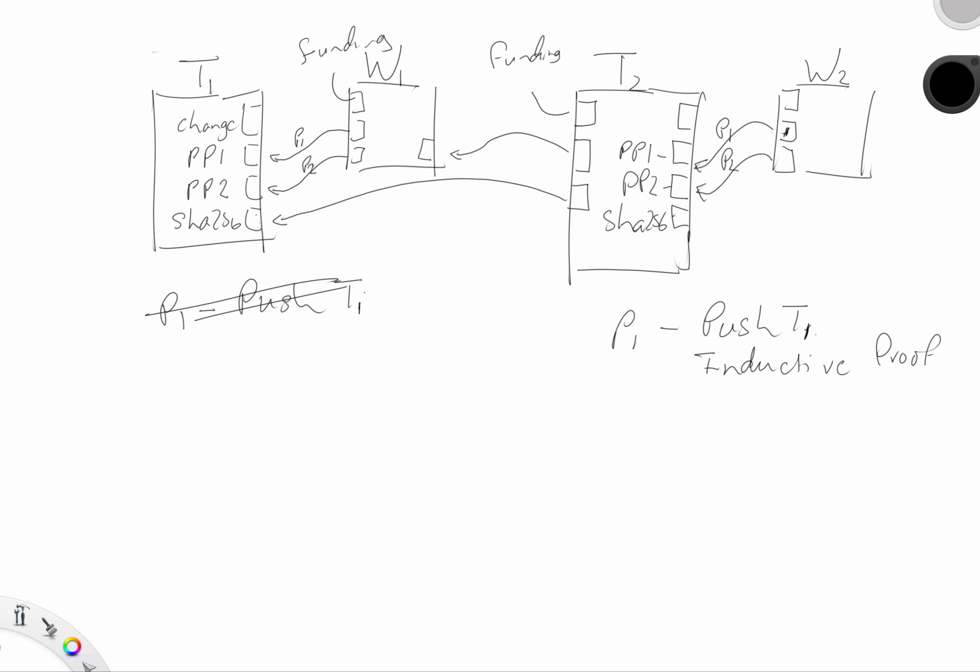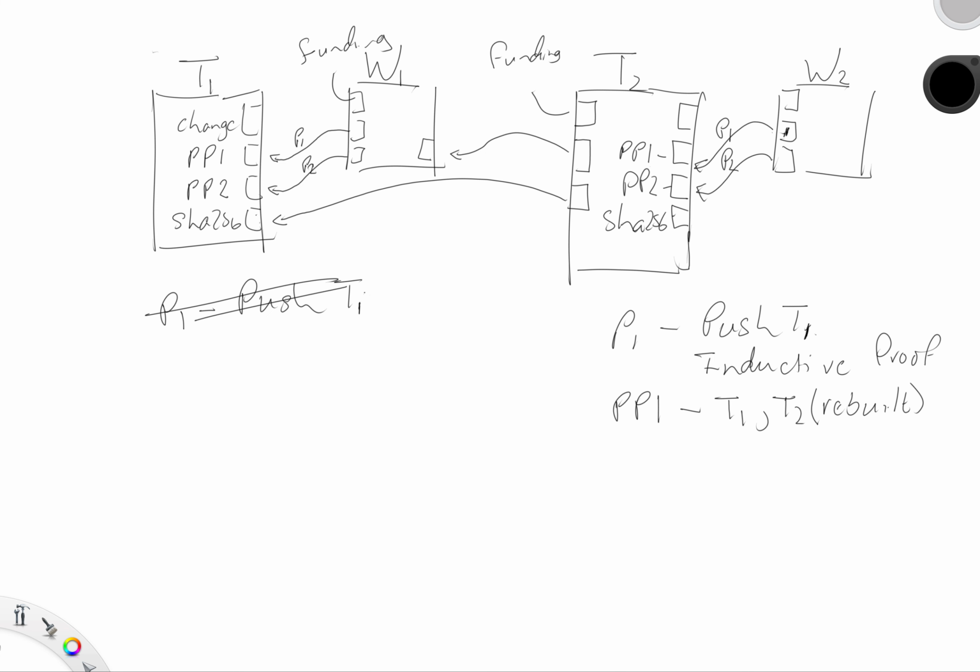So essentially inside the PP1 script, I'm going to have the full T1 and the full T2, which is rebuilt on-chain and in script. I'm not going to tell you how because it's beyond the scope. Just take my word for it that I've got both T1 and T2 available here, which allows me to do an inductive proof to essentially assert the previous spending condition here.